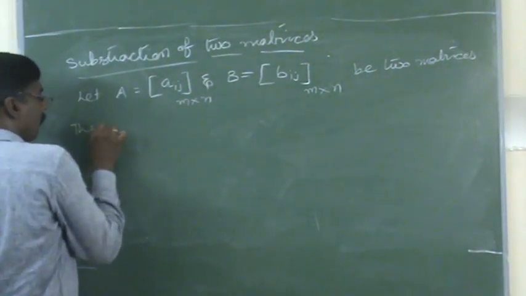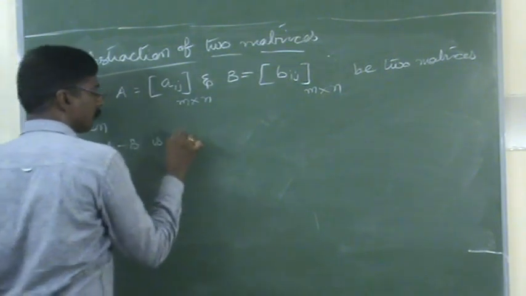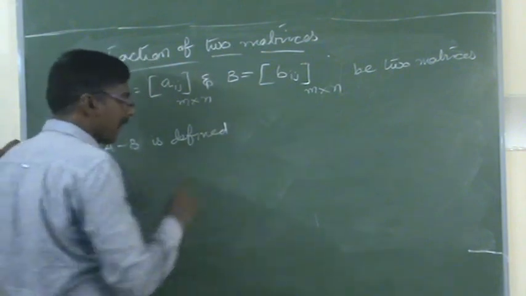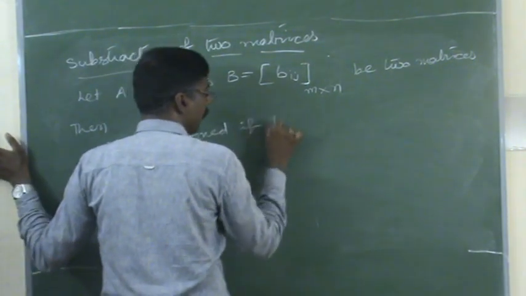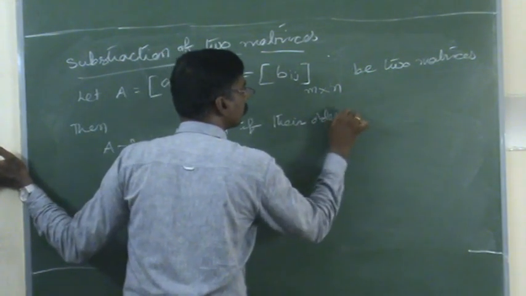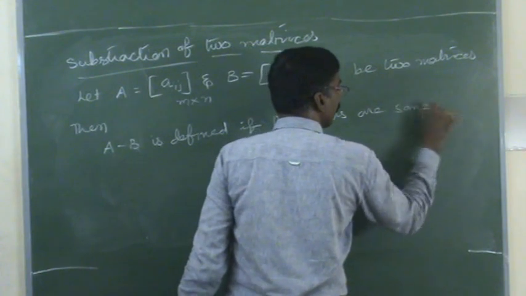Then A minus B is defined. A minus B is defined if their orders are same.